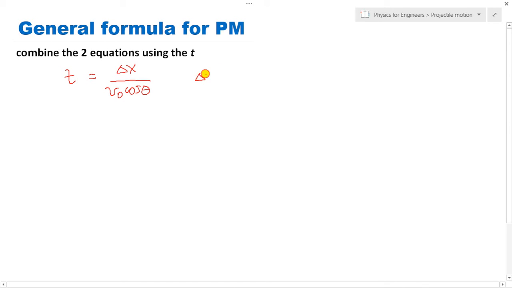We have delta y is equal to Voy, or this is Vo sine of theta, kasi this is the velocity component on the y direction, times time minus 1/2 g t squared. Again, combine two equations using t. So therefore, our t here will be substituted here. So let's perform that one.